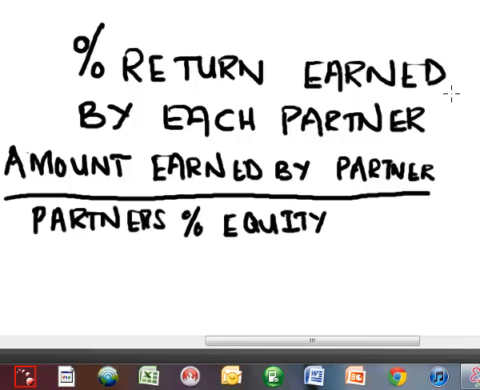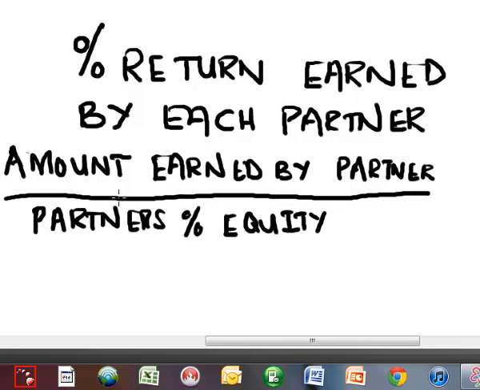In order to do this calculation, you need the amount that is earned by each partner over the partner's average equity. If we compare this indicator to the one that we did earlier in terms of return on average equity, that was done for the business as a whole.